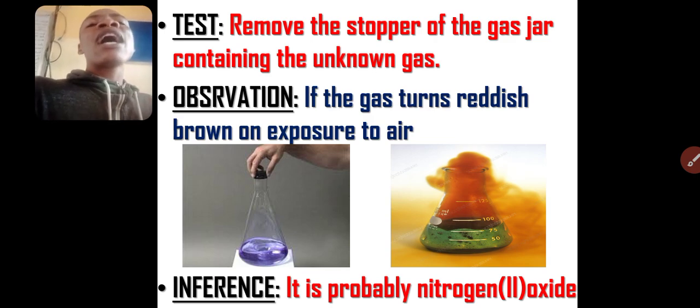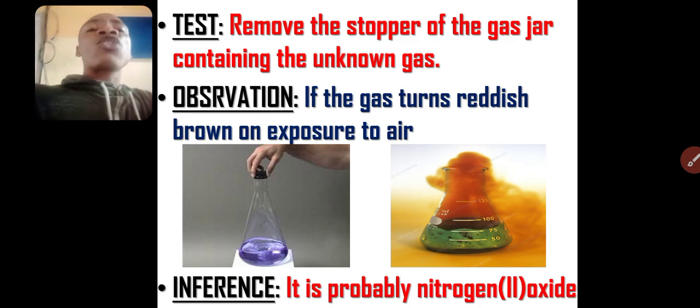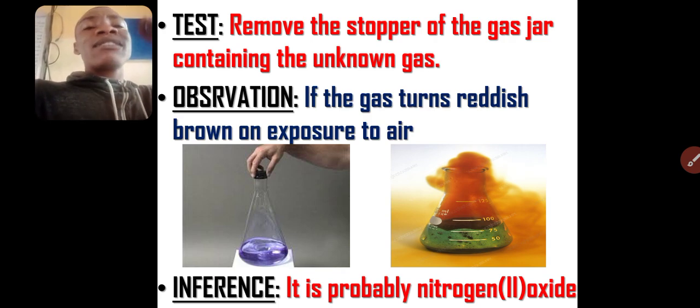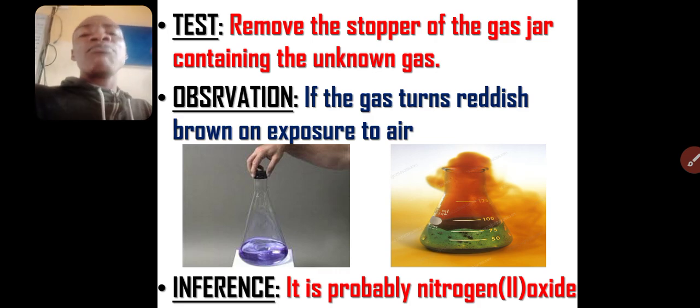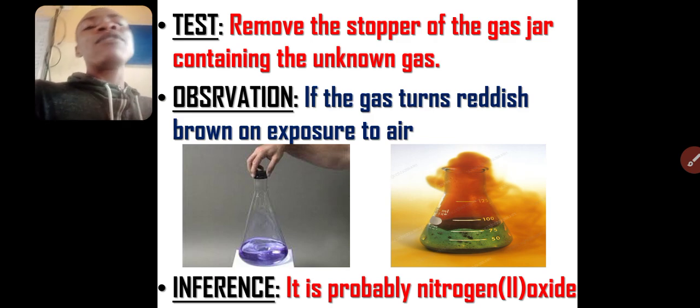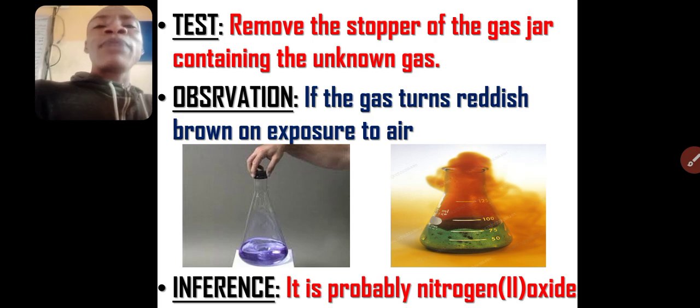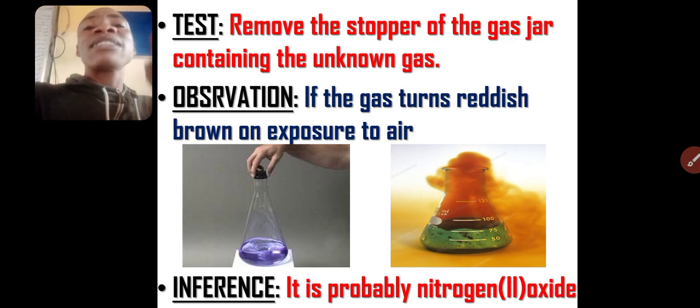If you open the gas jar and the colorless gas is turning brown as it's coming out of the gas jar, then that colorless gas is NO, and the brown gas coming out is NO2, and that brown vapor is formed because NO has reacted with oxygen in the air. So that is why you have that brown color, NO2. It's due to its affinity with oxygen. So the test is to remove the stopper of the gas jar. If the gas turns reddish brown on exposure to air, the gas is most likely nitrogen 2 oxide.